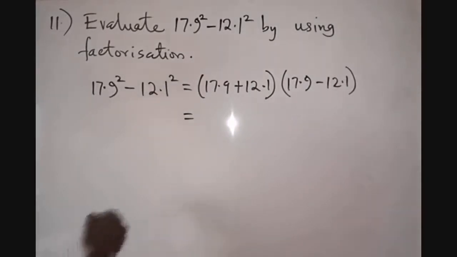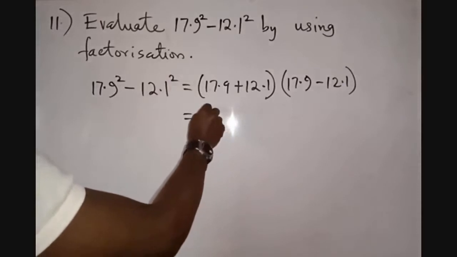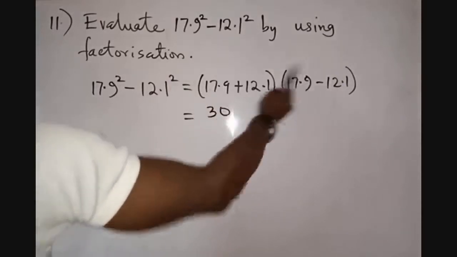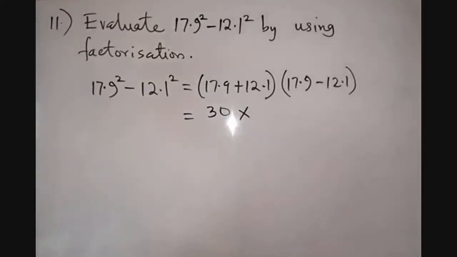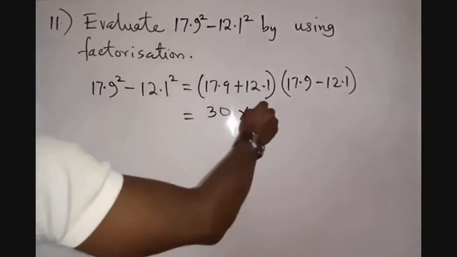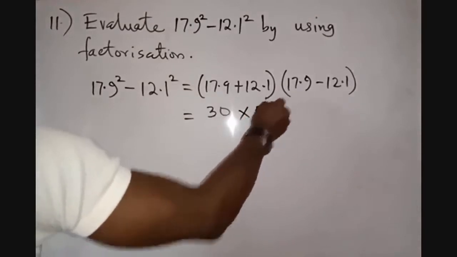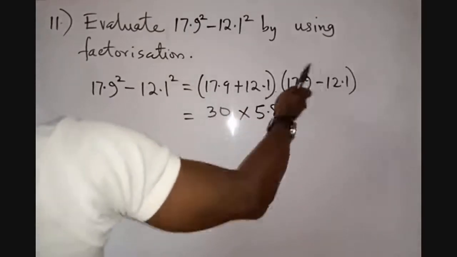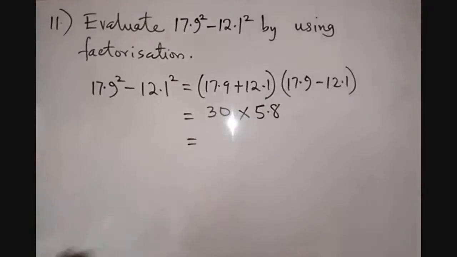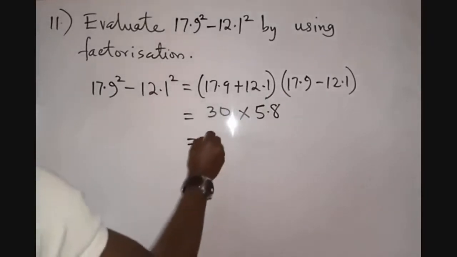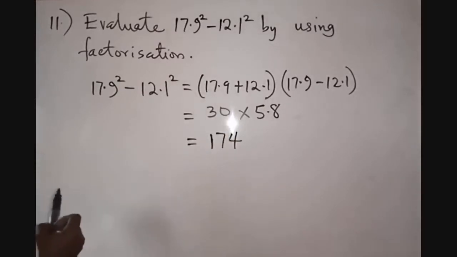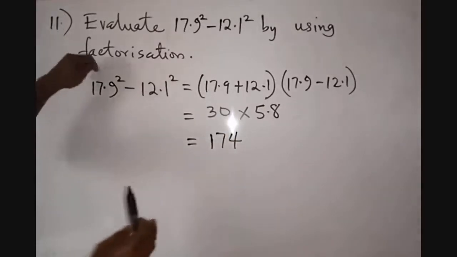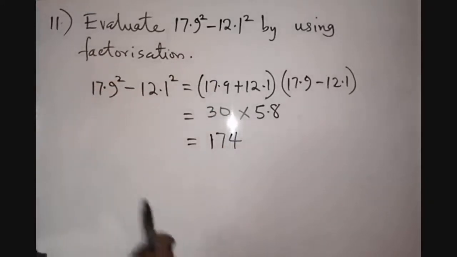So this one will give me 30, and these two brackets, the sign between them is multiplication. So when you find the difference, it is 5.8, and you multiply to get 174. So you can actually use factorization to evaluate when you have difference of two squares.